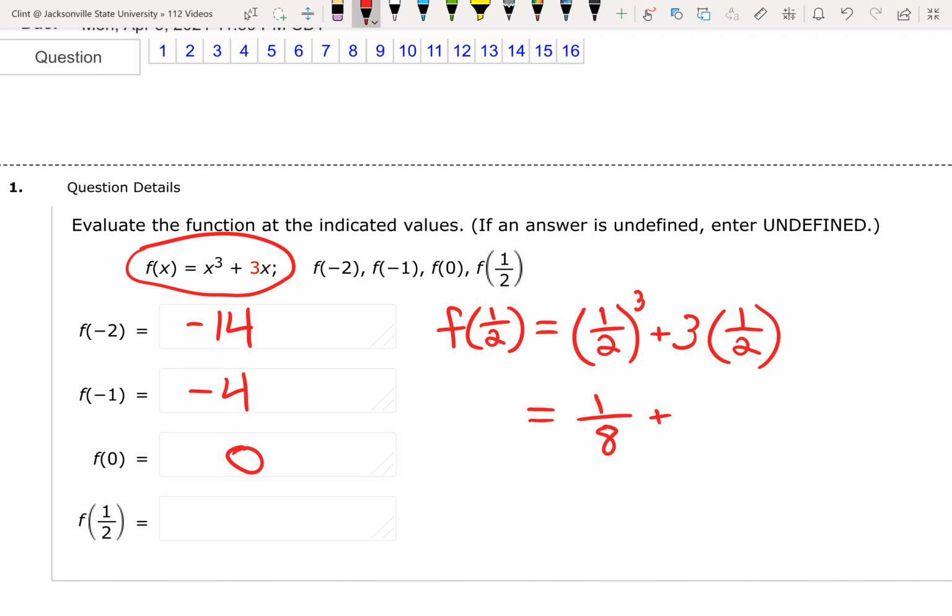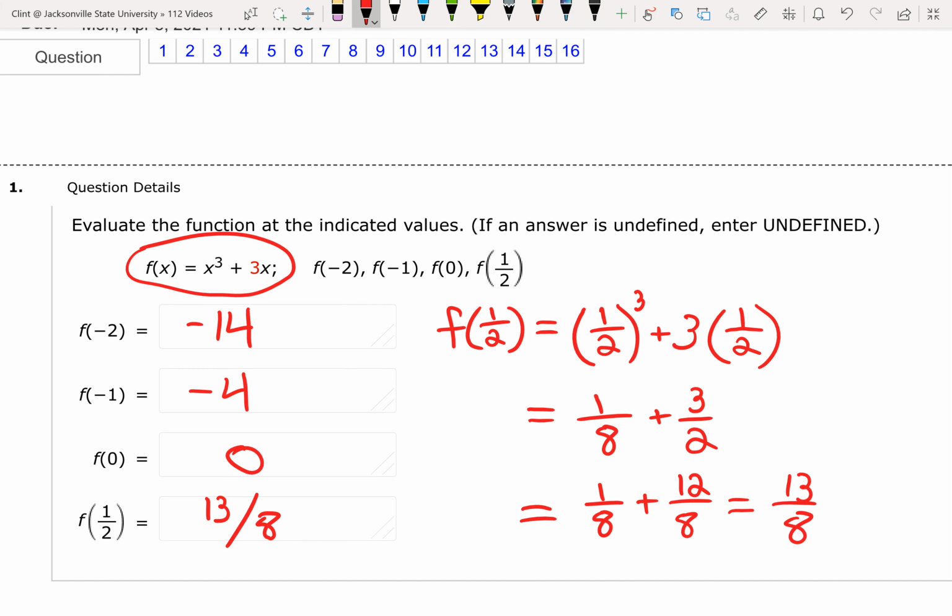Then we'll have 3 over 2. We've got to get a common denominator if we're doing this by hand. Again, you can just punch it in your calculator. So 1/8, multiply top and bottom by 4 on the second one, so 12 over 8. We will get 13 over 8. So you just need to know how to take a function and evaluate it.